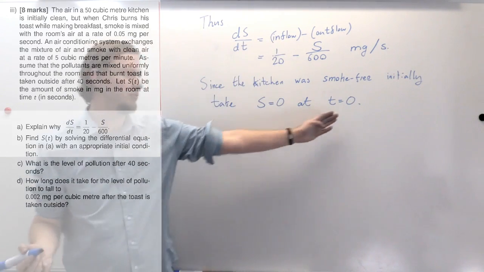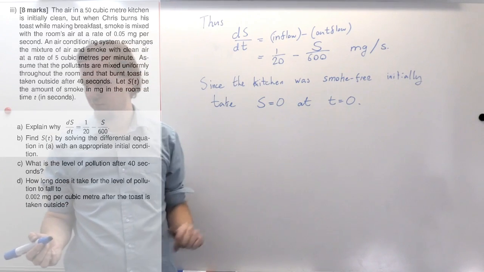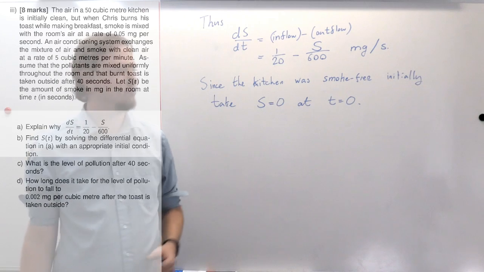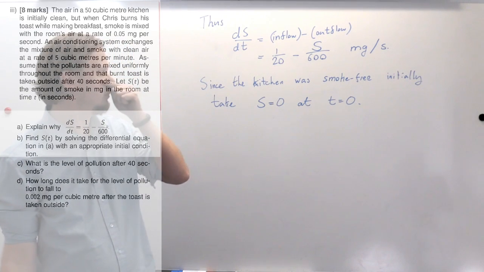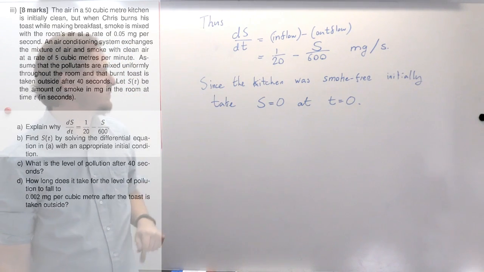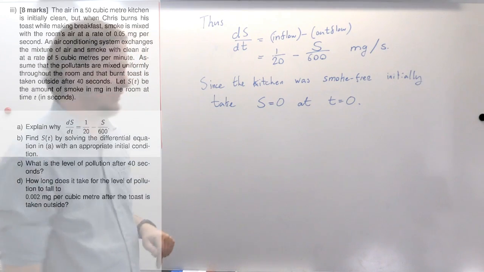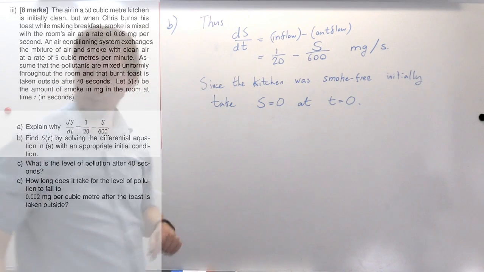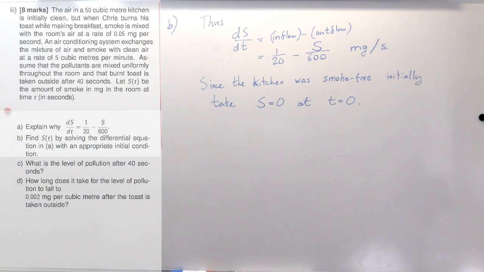So no smoke at the initial time. So we have to now solve this. And, okay, actually this is part B. Let me remind myself what I did last time.